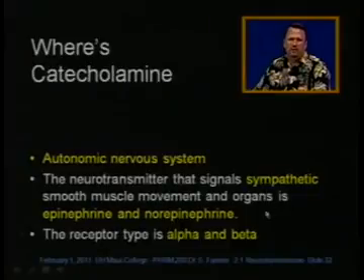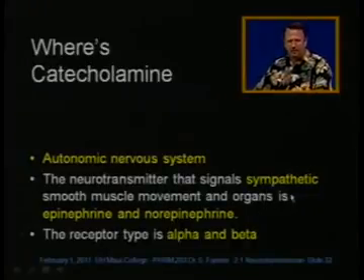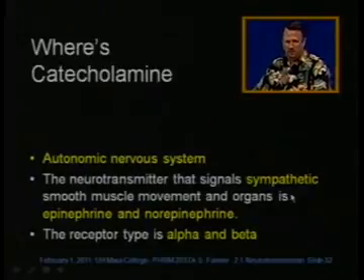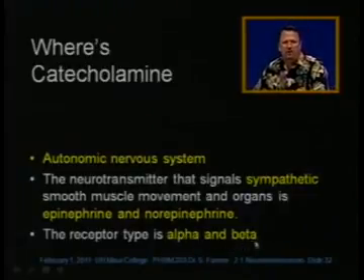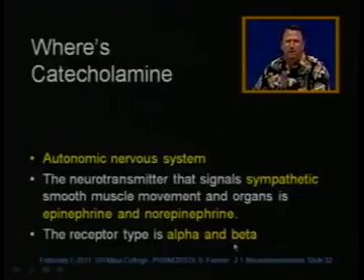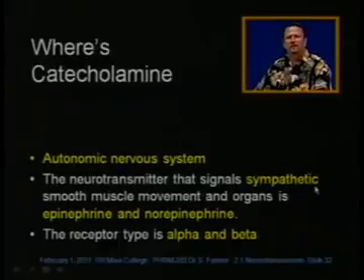If you can remember that epinephrine and norepinephrine are used by the sympathetic adrenergic nervous system, then you'll be doing great. And those receptors are called alpha and beta. So later on, when we talk about high blood pressure and talk about beta blockers and alpha blockers, this is the reason right here, because we're trying to block the sympathetic nervous system.